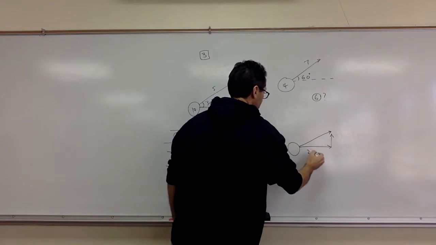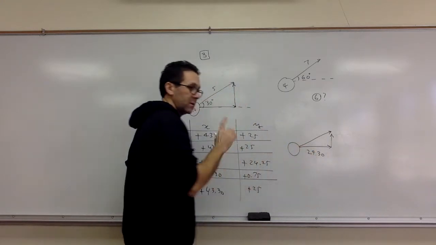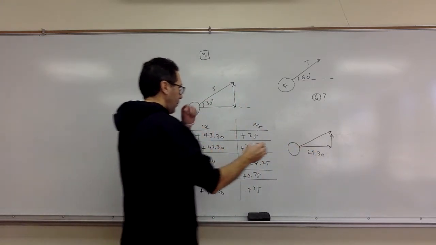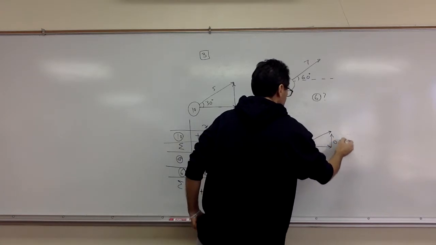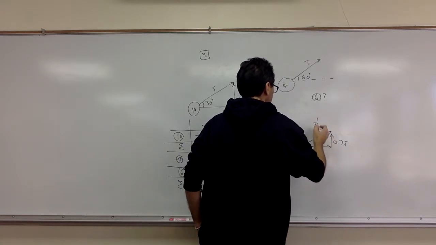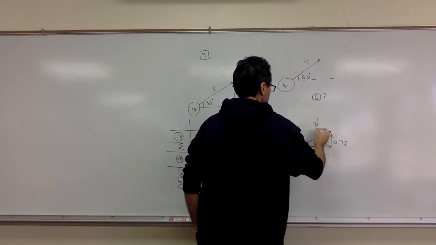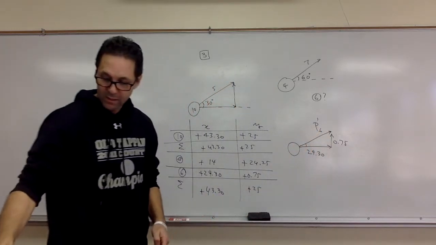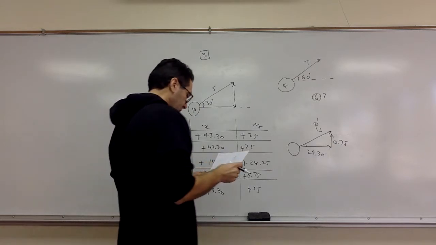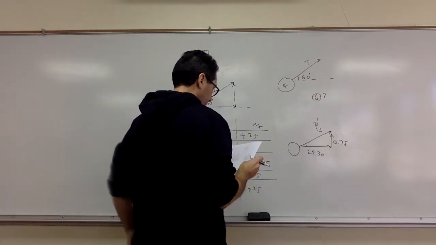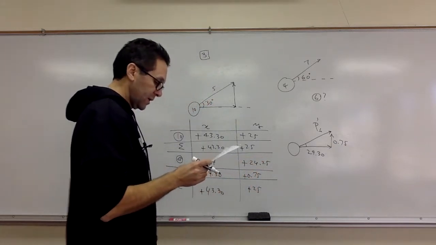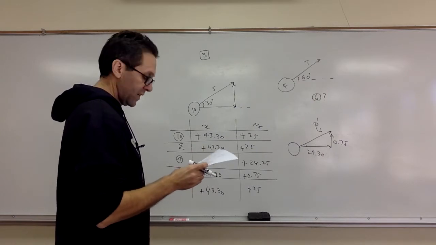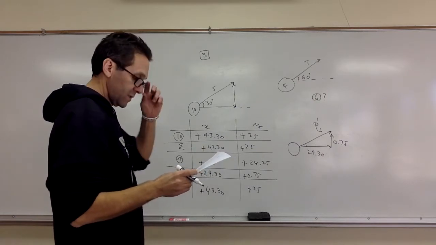This is 29.30, and this is all momentum, not velocity. This is 0.75, and you can find p after the explosion for number 6 by doing Pythagorean theorem, and you can figure out this angle. And the answer is 29.31 kilogram meters per second, and the angle is 1.5 degrees north of east.